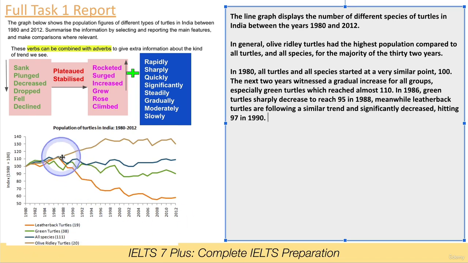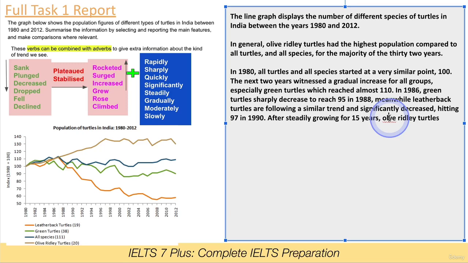Okay, what is happening? So in 1994, 1995, Olive Ridley, after increasing steadily for the whole time, they then increase quite sharply. So after steadily growing for, this would be 14 years or 15 years, 15 years, Olive Ridley turtles dramatically increase.